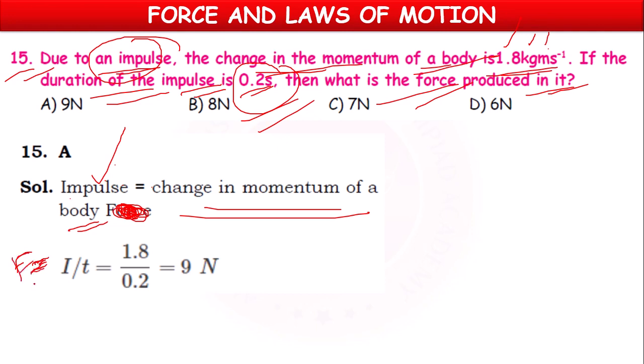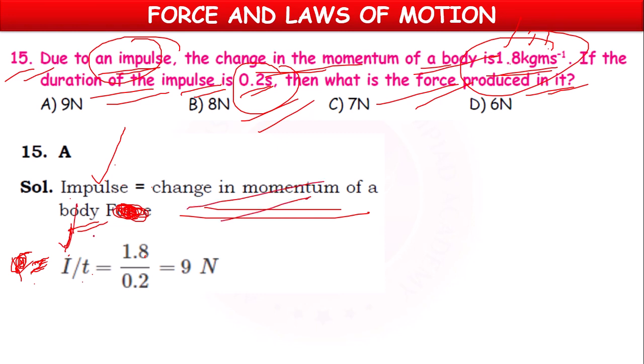Impulsive force equal to I by t. So I means here change in momentum, which is 1.8 kg meter per second, by time. In how much time did it happen?